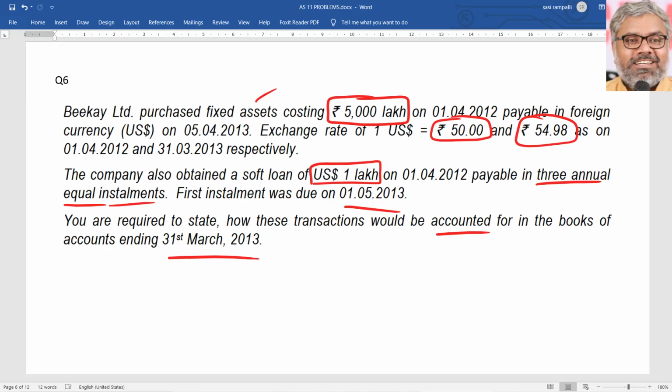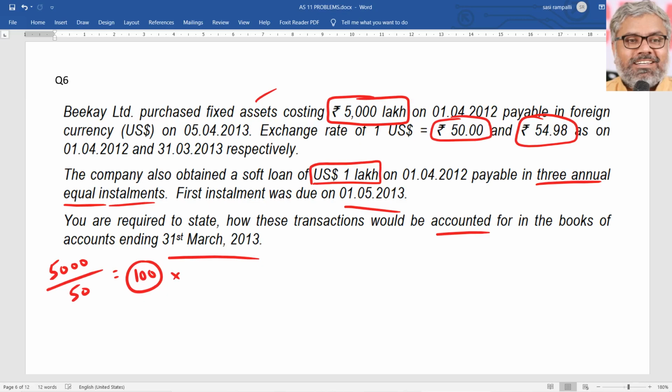If it is 5,000 lakhs rupees, how much will it be in dollars? It should naturally be 100 lakh dollars. That is the payable towards the purchase of fixed assets.